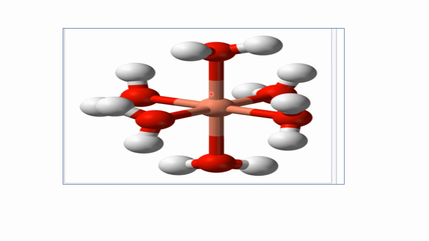That is, the eg orbital is unsymmetrical and hence will show Jahn Teller distortions. In the case of this complex, the two axial Cu-O distances are 238 pm, whereas the four equatorial Cu-O distances are approximately 195 pm.